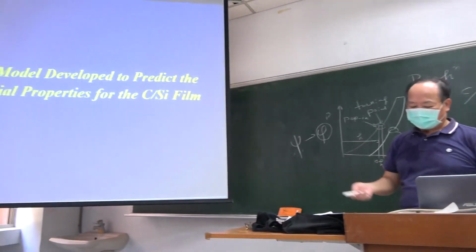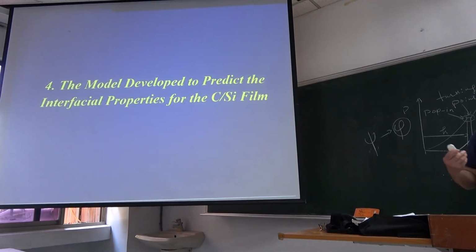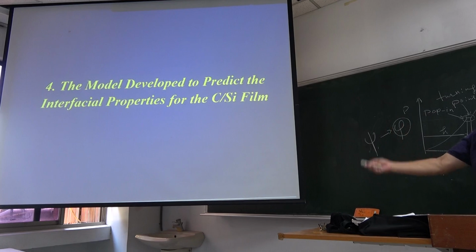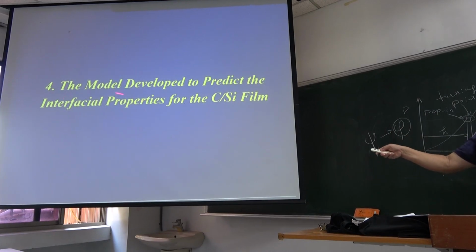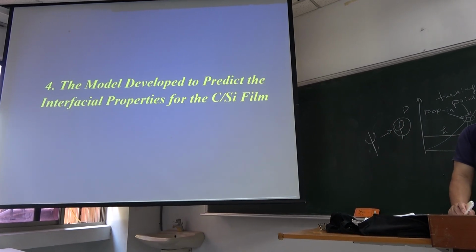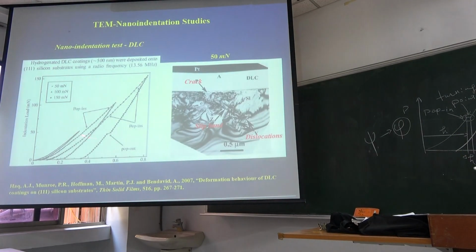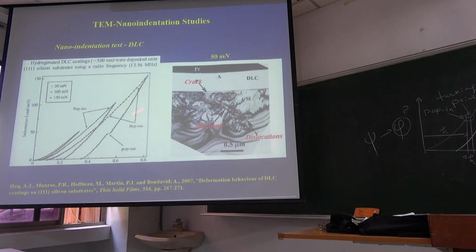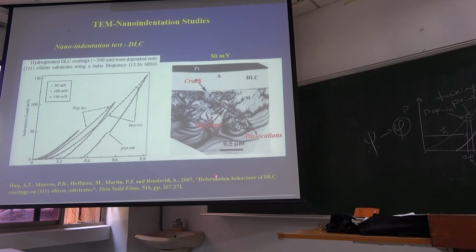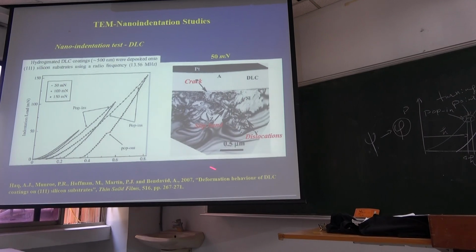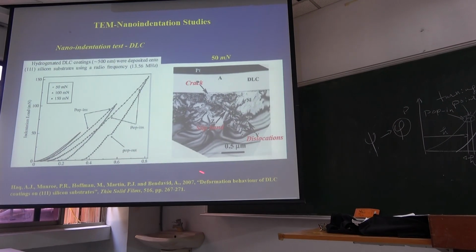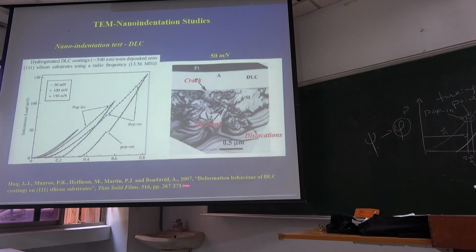Now, we use the experimental method to observe the cross section of our sample and observe some of the phenomena at the interface. Here is data from published literature, so it's not done by me, it's done by other people and published in this journal.